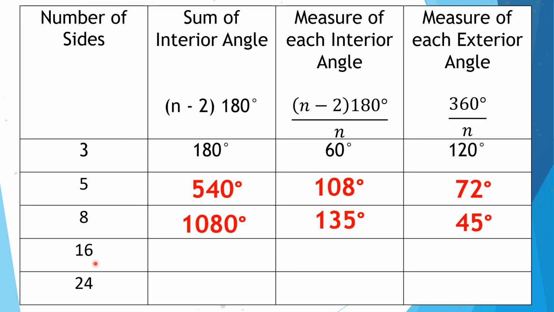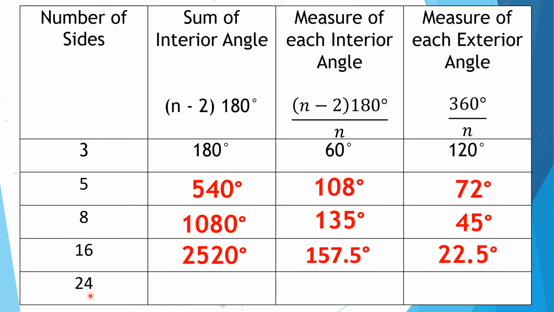Number of sides is 16. Sum of interior angles is 2520 degrees. Measure of each interior angle is 157.5 degrees. Measure of each exterior angle is 22.5 degrees.